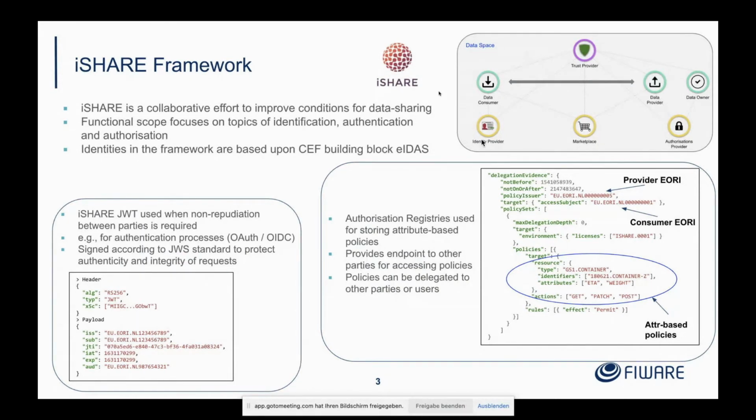Looking at such a data space again, this usually will consist of some provider, either data provider or service provider, and some consumer, and then several other participants, like identity providers, as soon as you have human users involved, maybe even some marketplace instance where services can be offered and acquired, and also authorization providers or authorization registries storing the access policies when accessing certain services.